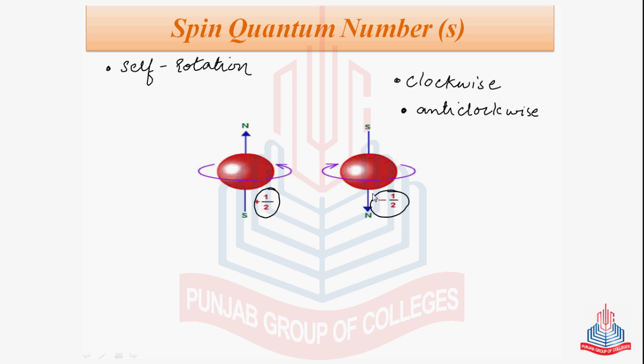And this spin motion is responsible for the doublet line structure. So what is this doublet line structure, or how did we come to know about the spin quantum number? For example, let's talk about the alkali metal. हमें पता है that the alkali metal have one electron in their outermost shell.